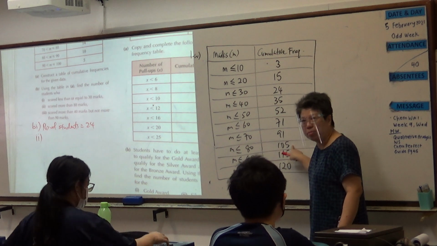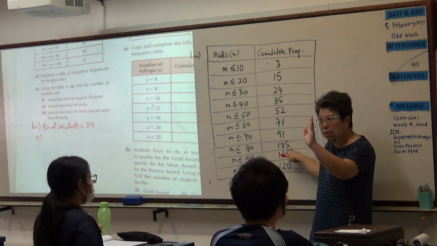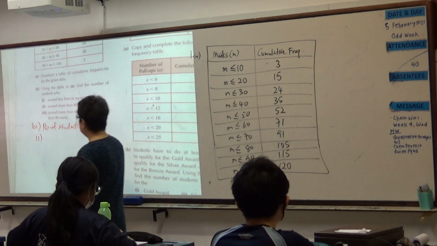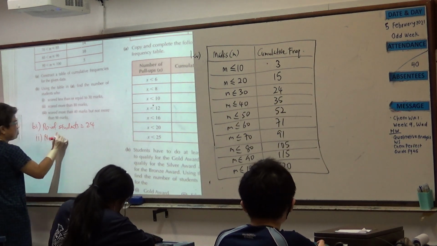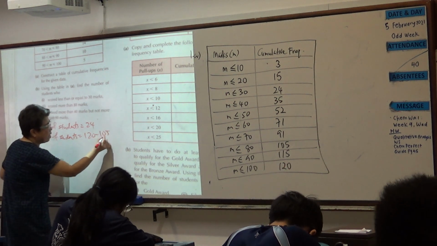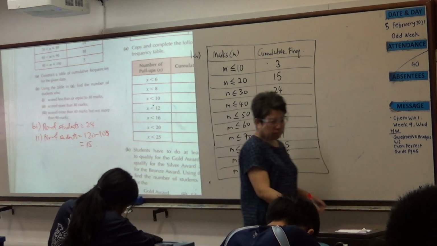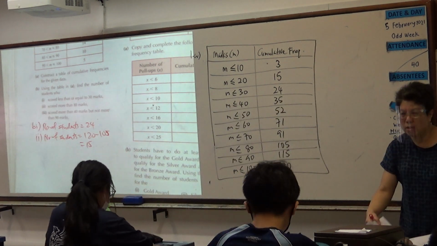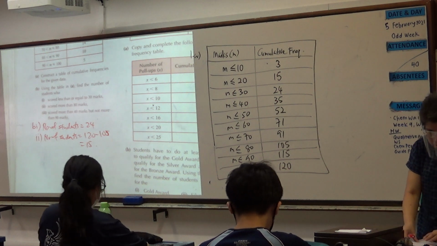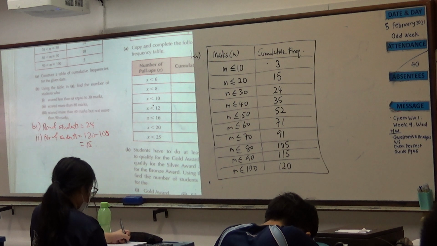Can you see it's nicely cancelled? So number of students is 120 minus 105. Answer 50. Is everybody clear?